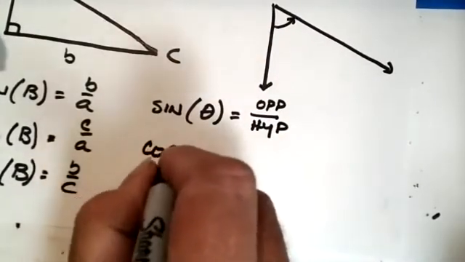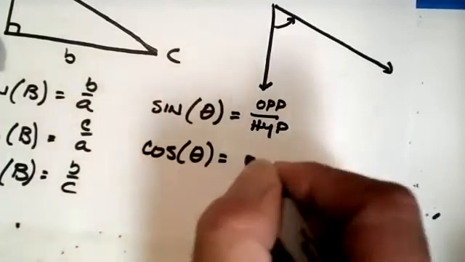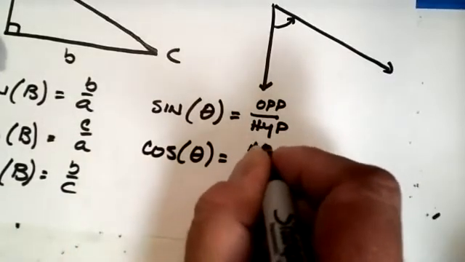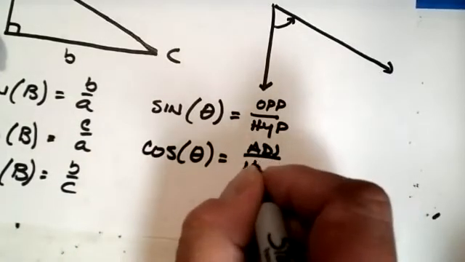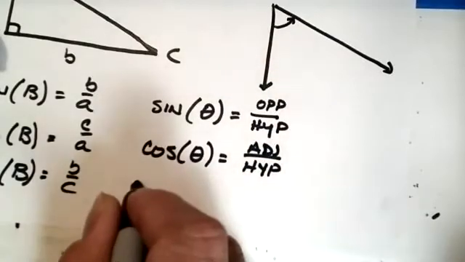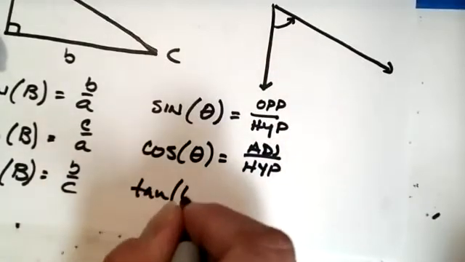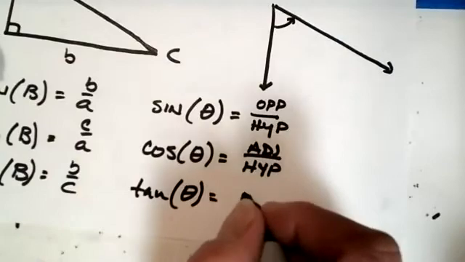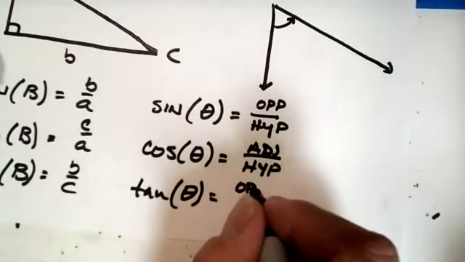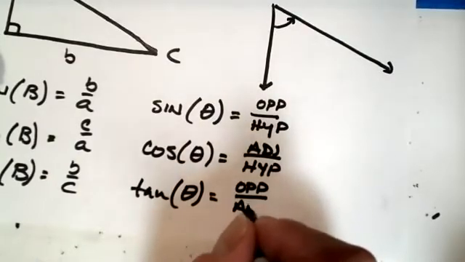And the cosine of that angle would be the adjacent over the hypotenuse. And the tangent of that angle is the opposite over adjacent.